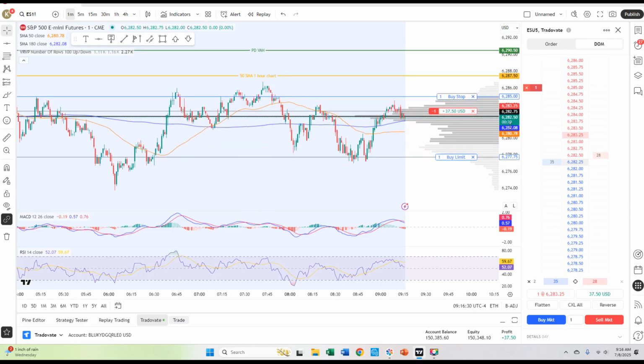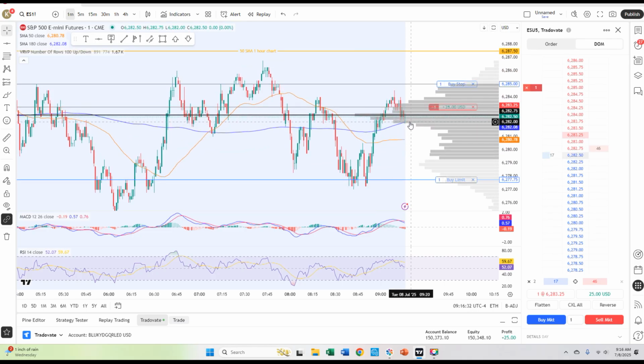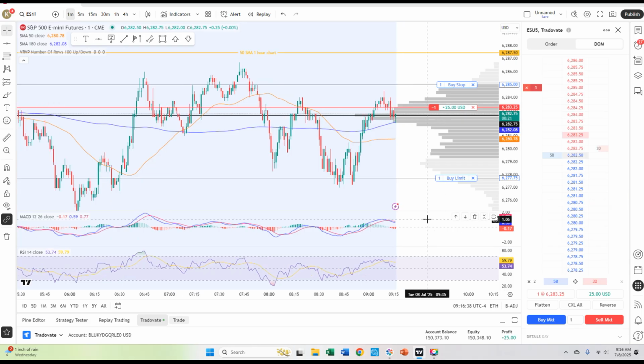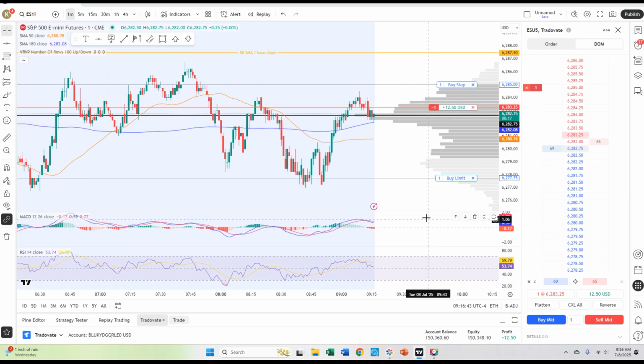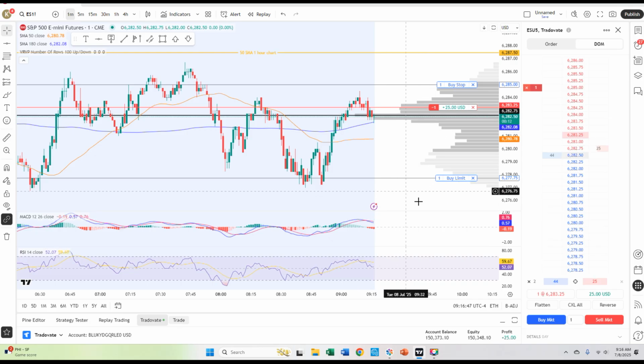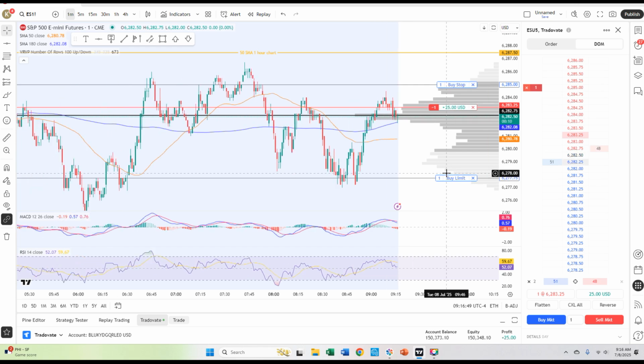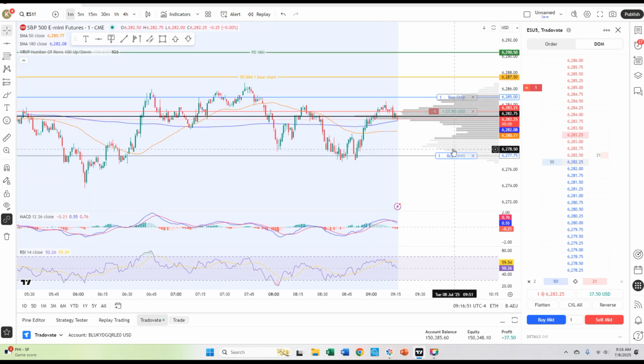I'll zoom out a little bit here. You can see it kind of bouncing off of that SMA right through there and tipping up again. And if we change the bar size here, it doesn't really change anything, so that's good. And also you can see, let me go back to kind of what I was looking at before.